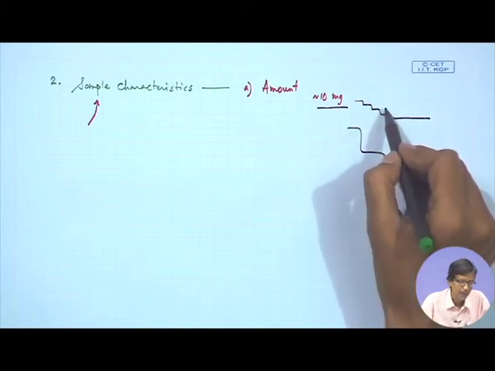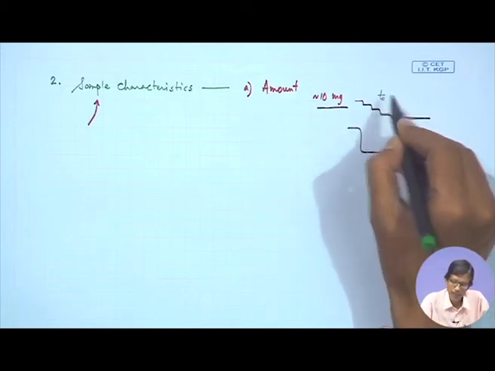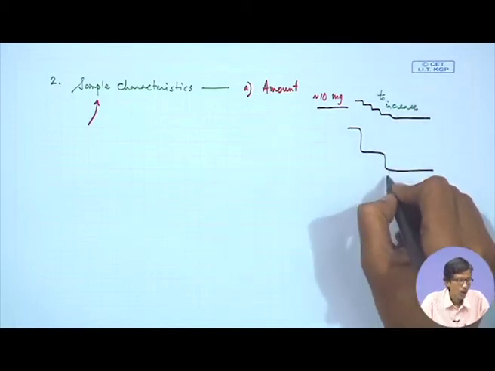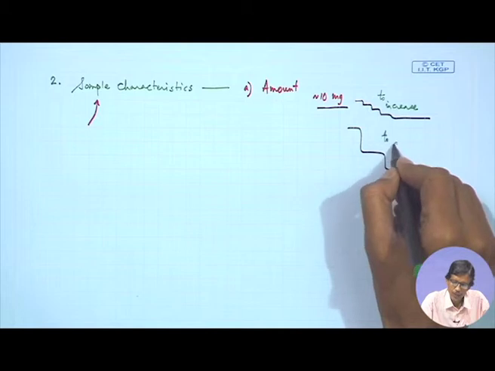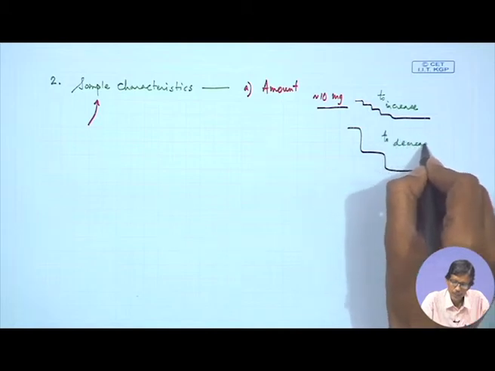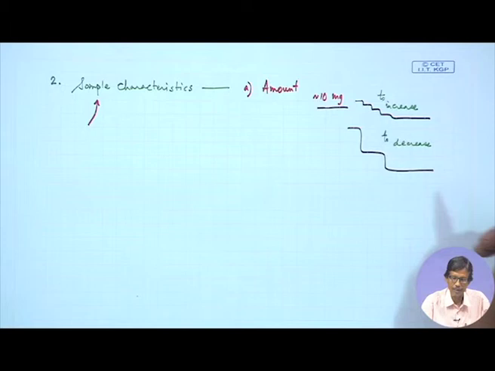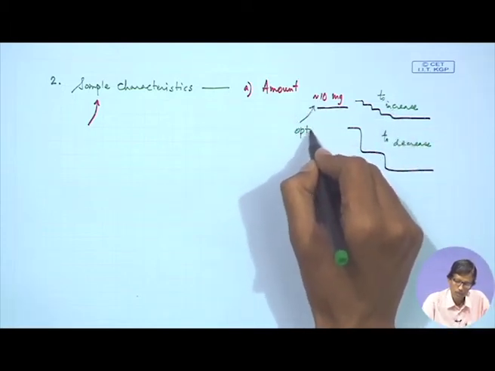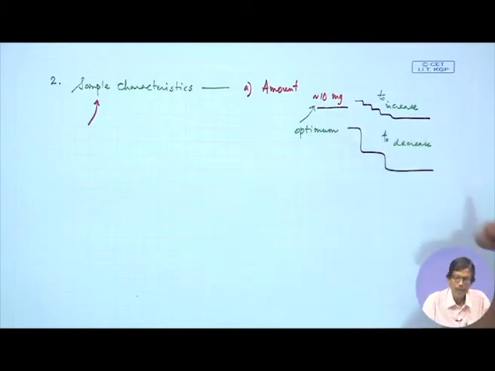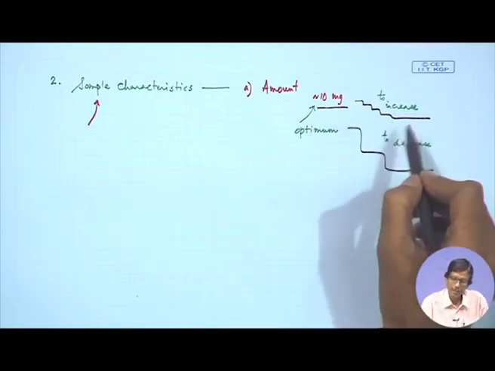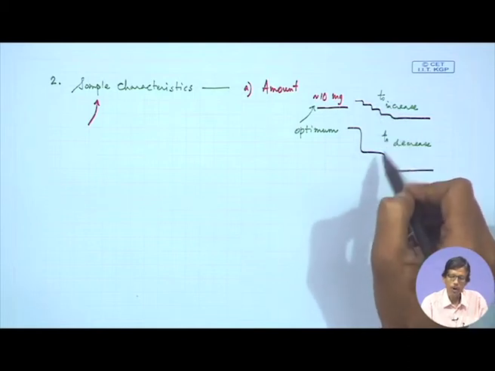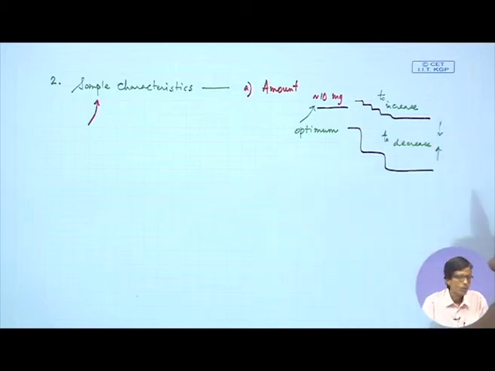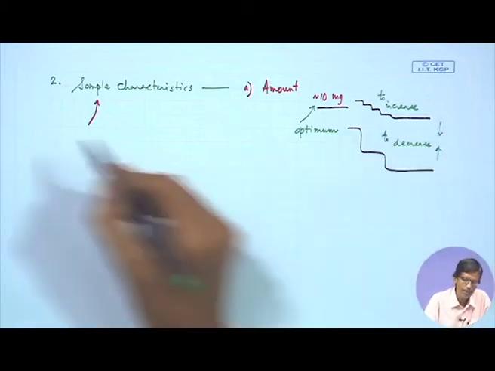If the plot is like this, we have to increase the amount of sample to be taken, and if the plot is like this, we have to decrease the amount of sample to be utilized. So, this optimum amount is important to get a reasonable plot, which will be in between, neither this nor that.